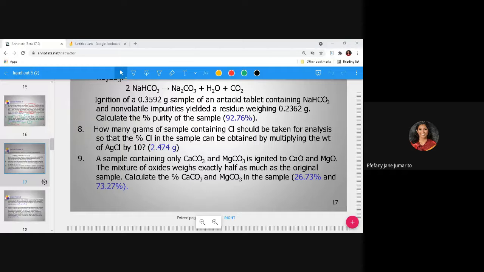So we have: how many grams of sample containing Cl should be taken for analysis so that percent Cl in the sample can be obtained by multiplying the weight of AgCl by 100. What's given? All right, let's try that one.